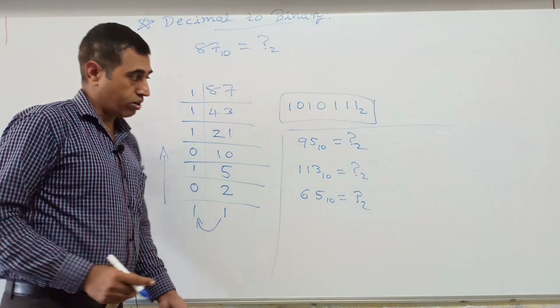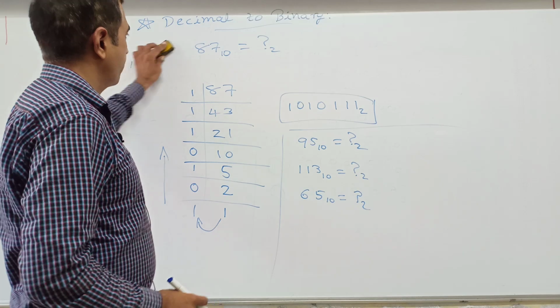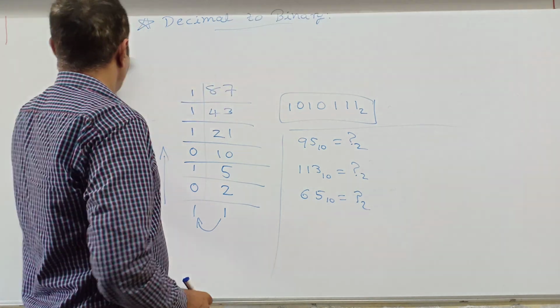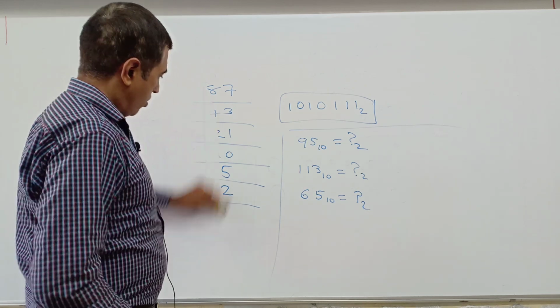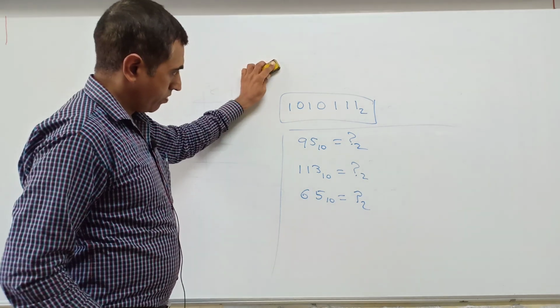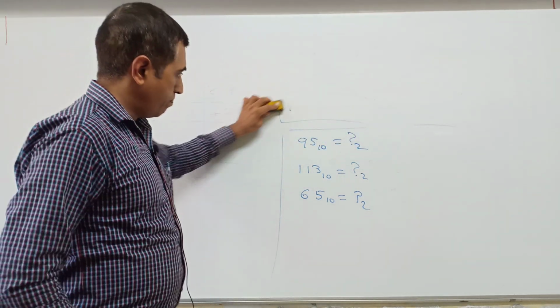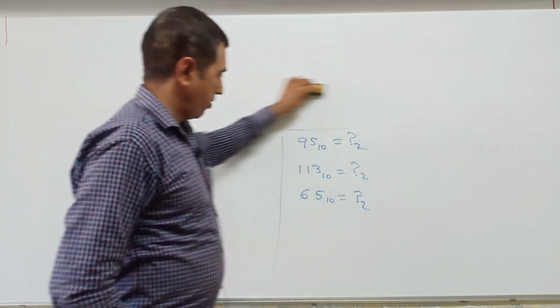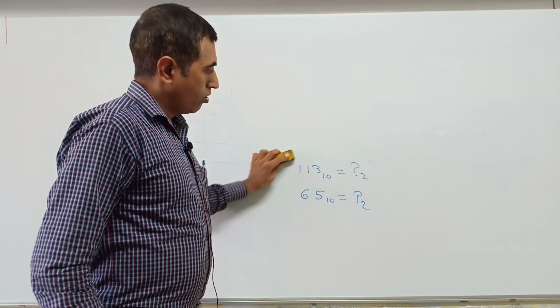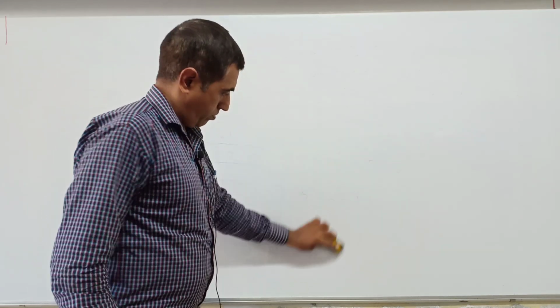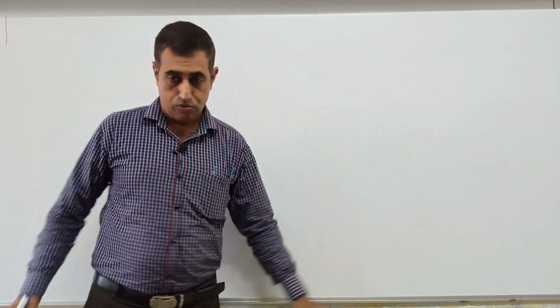These three you have to convert on your own. So we have studied two conversions, from binary to decimal and from decimal to binary. You have to practice it on your own.